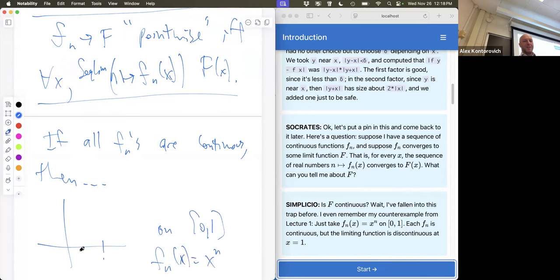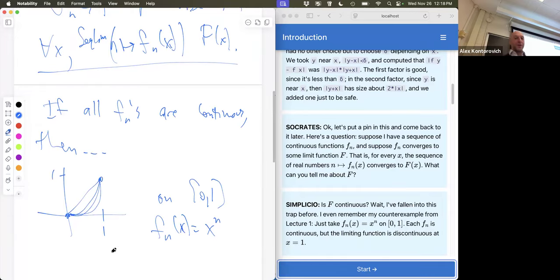Okay, so here's 1, here's 0. 0 to the n is always 0. 1 to the n is always 1. And then you have your straight line, and you have your parabola, and you have your cubic, and you have your quartic, and so on. So for every point on [0, 1], fn of x converges. You fix x in [0, 1].